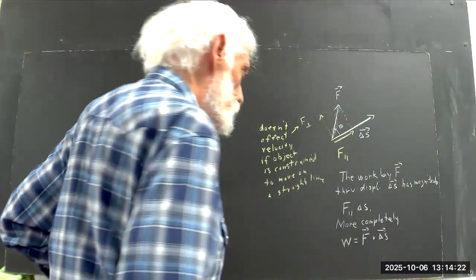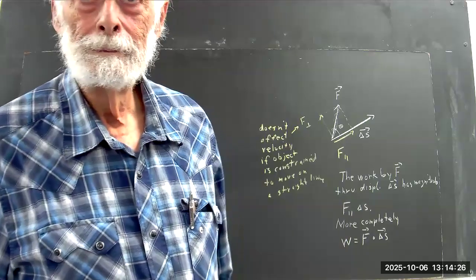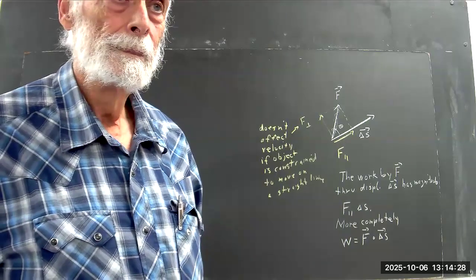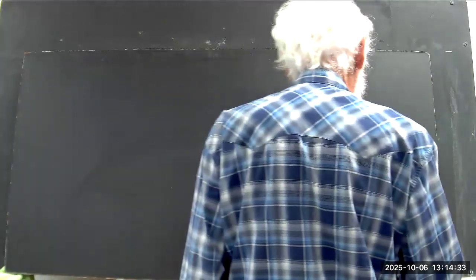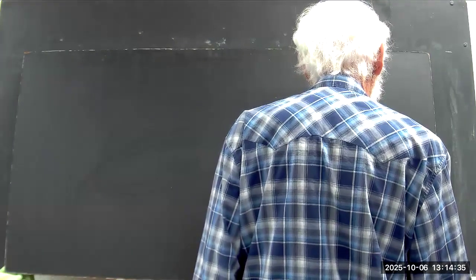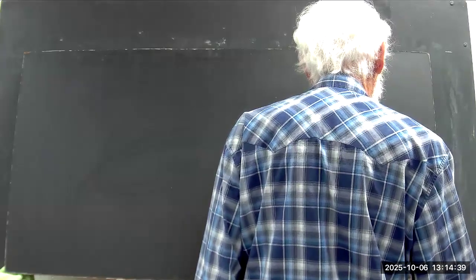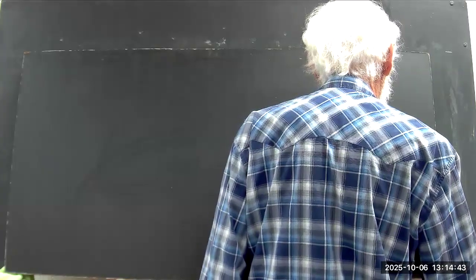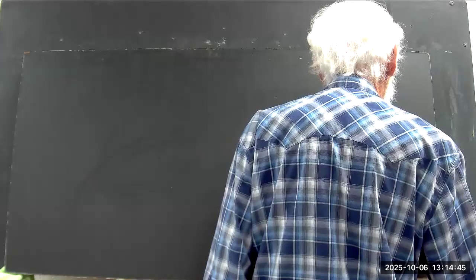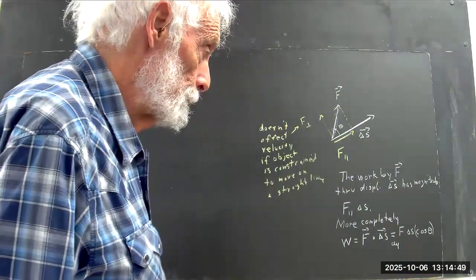More completely, work is a dot product of F and delta S, which by definition is F delta S times cosine theta.